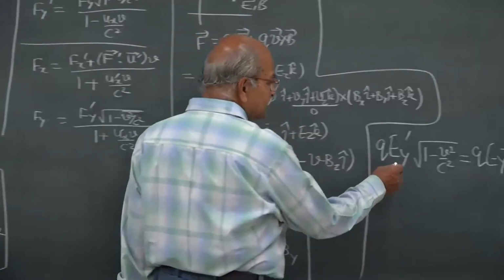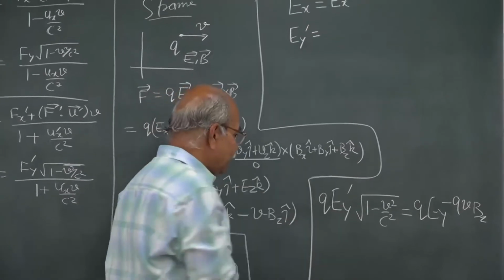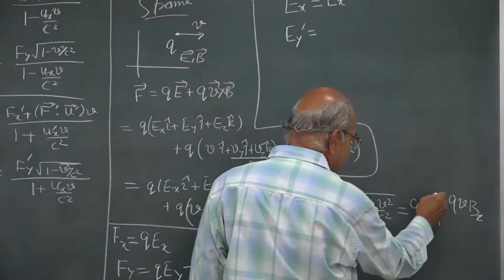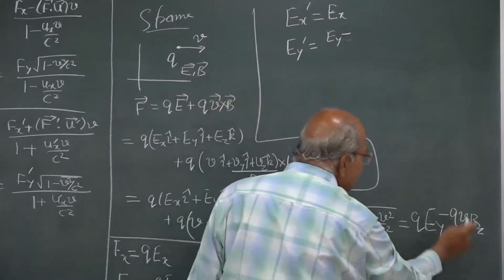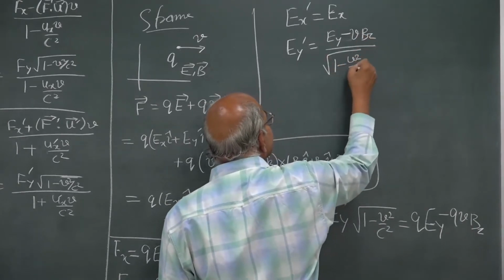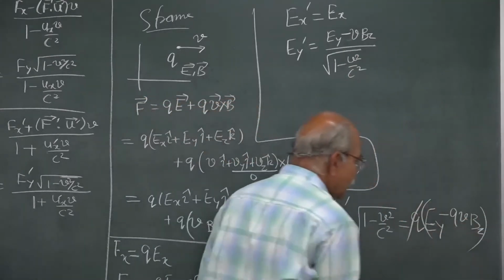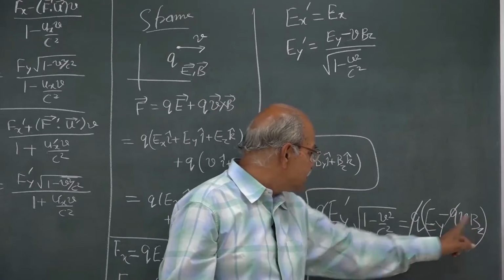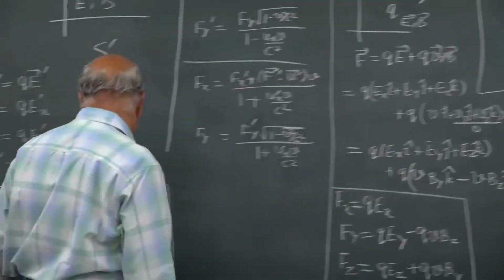So, that tells me that Ey prime is equal to, dividing by these things, q cancels out, Ey minus v Bz, divided by square root of 1 minus v square by c square.